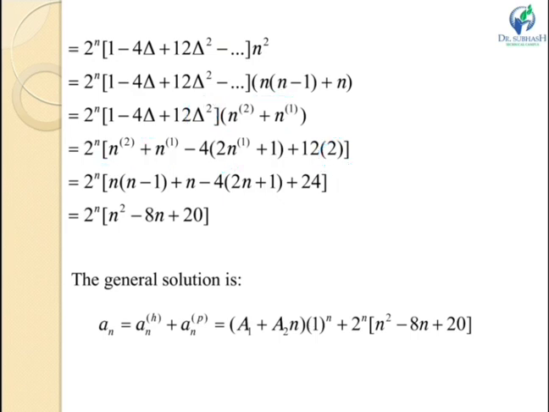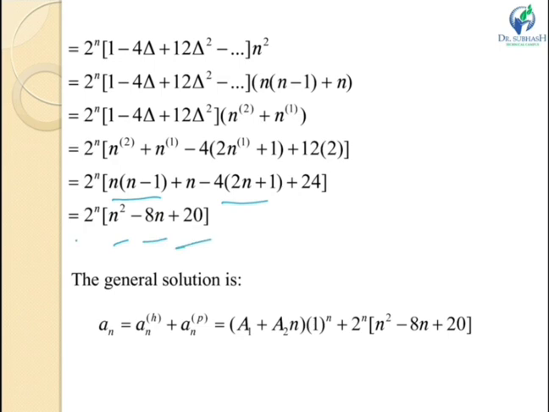So this whole equation now can be written as n square will be n into n minus 1. This n will be as it is. Again this n I have kept as it is, and 12 into 2 will become 24. Opening these brackets and simplifying by taking like and unlike terms together, I get n square minus 8n plus 20 into 2 raised to n.